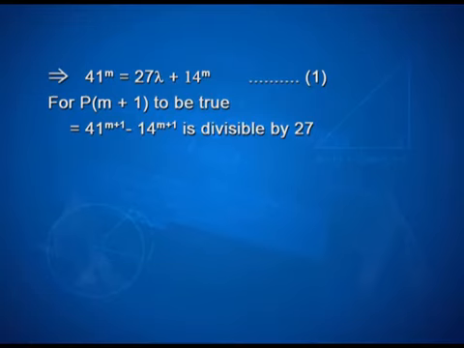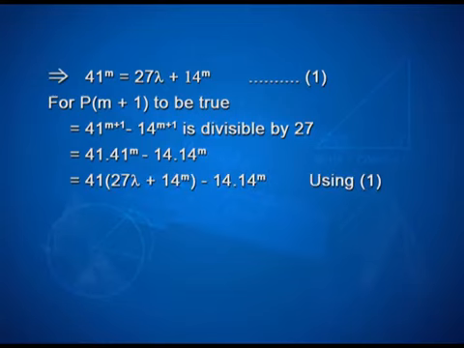This could be simplified as 41 × 41^m − 14 × 14^m. Taking 41 common, I get 41 × (27λ + 14^m) − 14 × 14^m. This we have got using the first equation. After opening the brackets, this simplifies to 41 × 27λ + 41 × 14^m − 14 × 14^m.